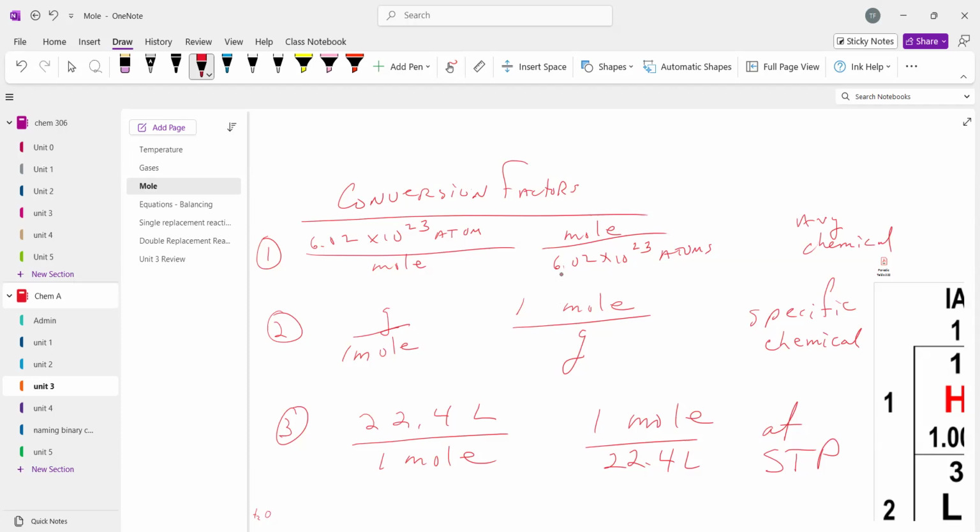That's the other conversion factor. Now we're going to be using these three conversion factors a lot from now to the end of the semester, a lot. So you get very used to using them. But this only applies to gases, no exceptions.